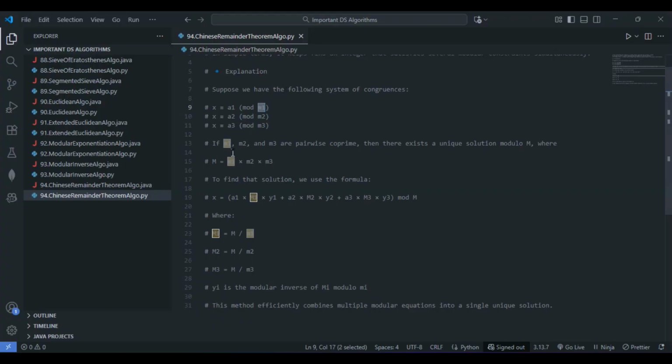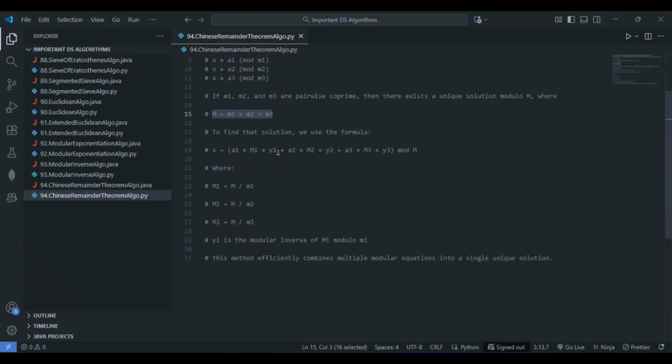If M1, M2, and M3 are pairwise coprime, then there exists a unique solution modulo M, where M is equivalent to M1 times M2 times M3.